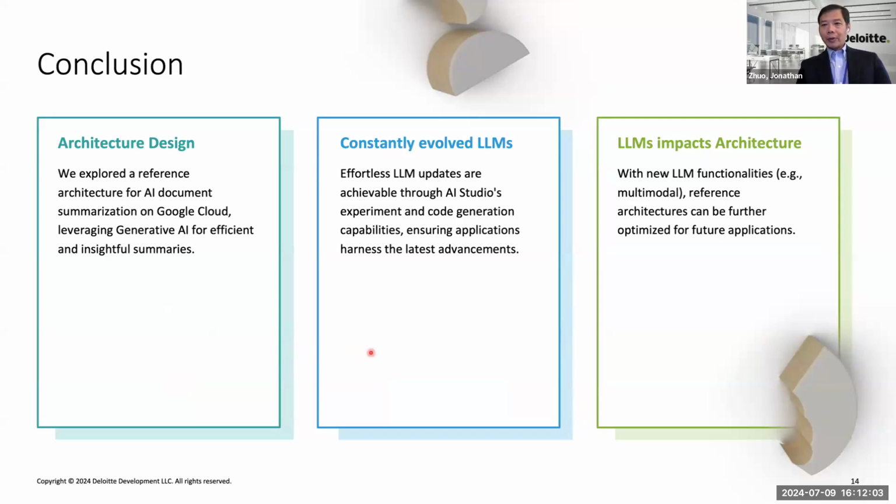Effortless LLM upgrades can be achieved through AI Studio's experiment and code generation capabilities, ensuring the application harnesses the latest advancements. Third, evolving large language models impact architecture design. With new LLM functionalities, for example multimodality, the reference architecture can be further optimized for future applications.